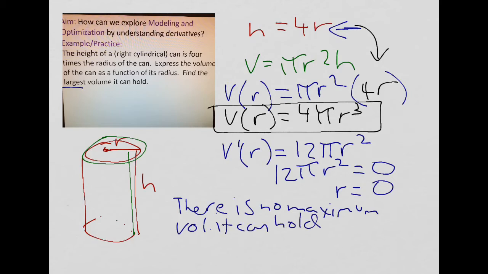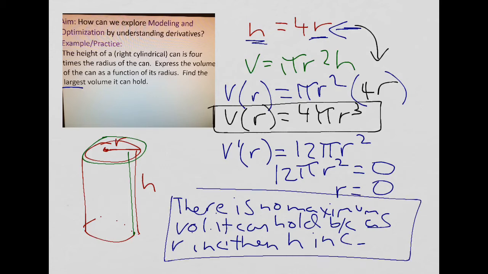Sorry for my writing. Because as r increases, the height increases. I'm abbreviating here. It's not like the other problems where we looked at an equation to solve for one variable or the other. There was a restriction, like 120 feet or 108 inches, or whatever the restriction was.